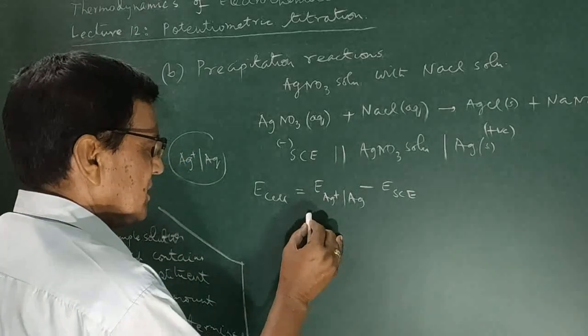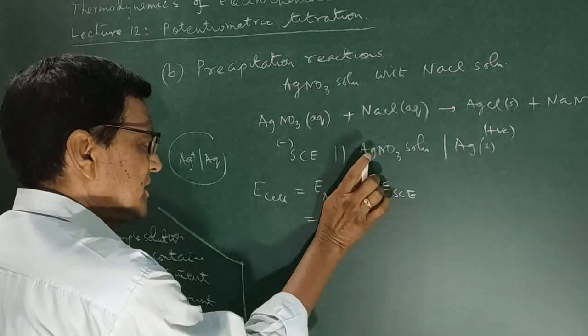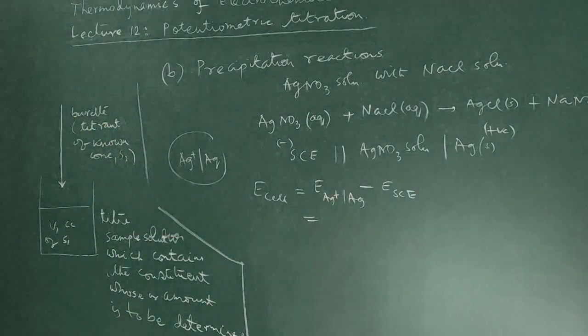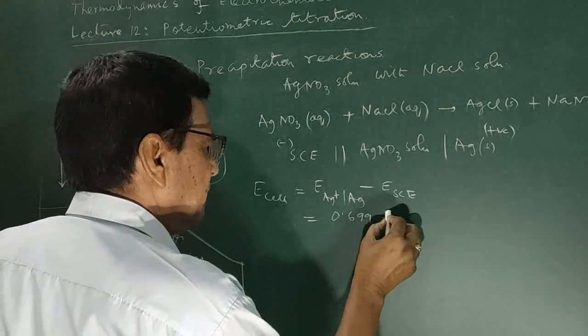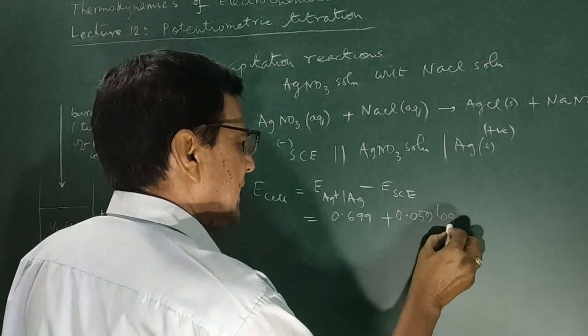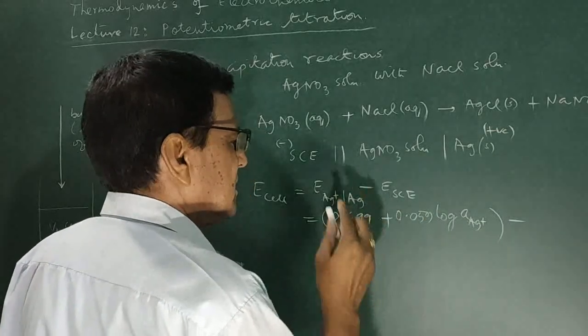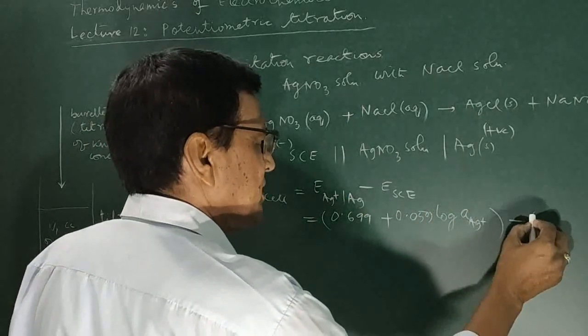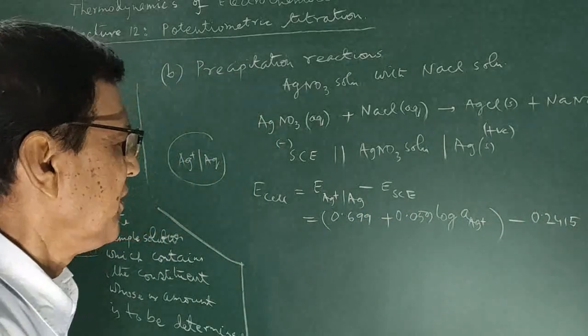The E naught value is 0.6999 plus 0.059 log activity of the silver ion, and the saturated calomel electrode potential is 0.2415, and its value remains fixed during the course of titration.